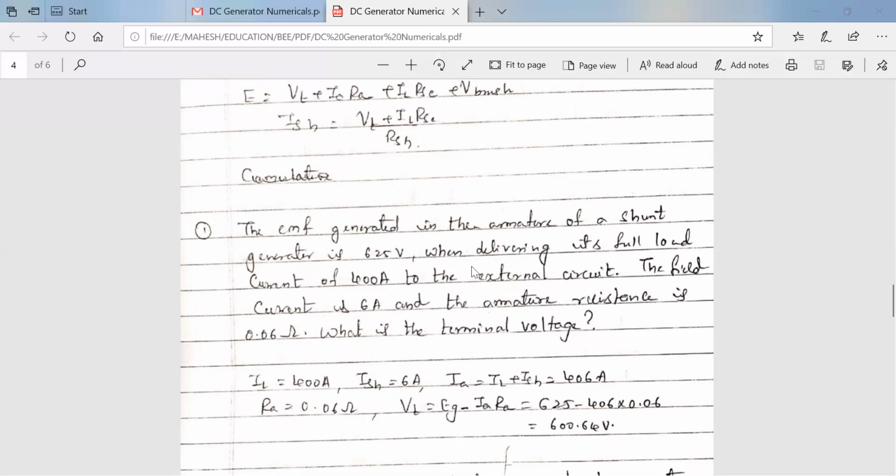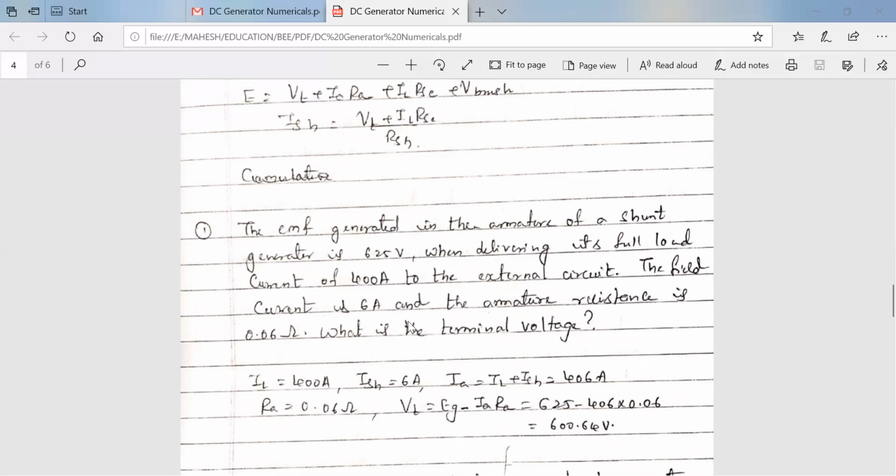As it is a shunt generator, we know that Ia equals IL plus ISH. He has given the IL value, that is 400 amps, and ISH is given as 6 amps. Therefore Ia equals IL plus ISH, that is 406 amps. He has asked to calculate the terminal voltage.